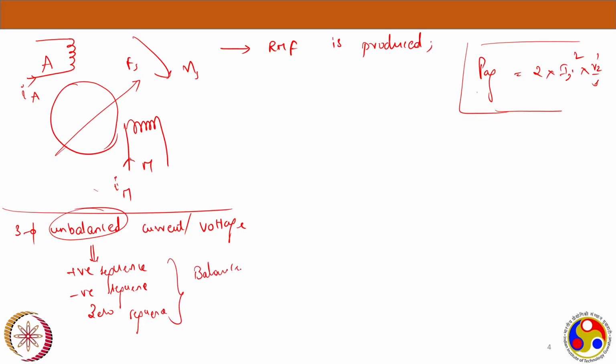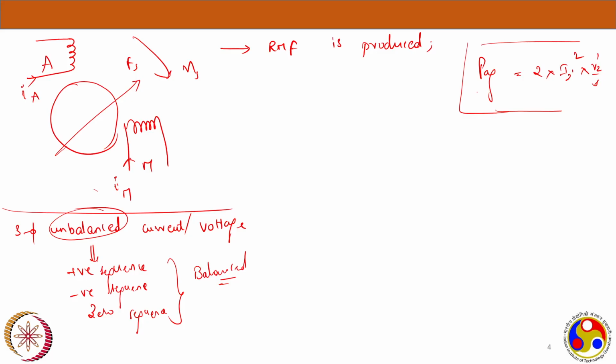That's the beauty of it, and that's what all this sequence analysis is about. So you can break down a three-phase unbalanced system into balanced sequence components: positive sequence, negative sequence, and zero sequence.